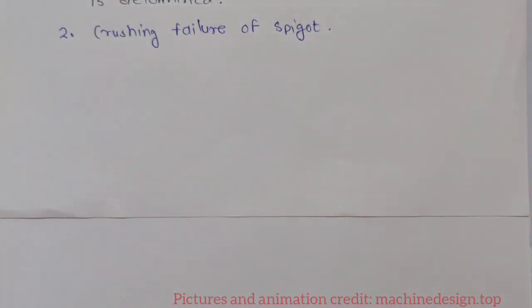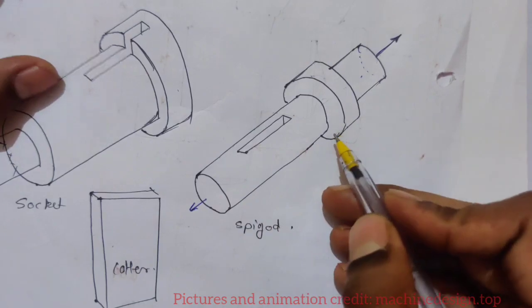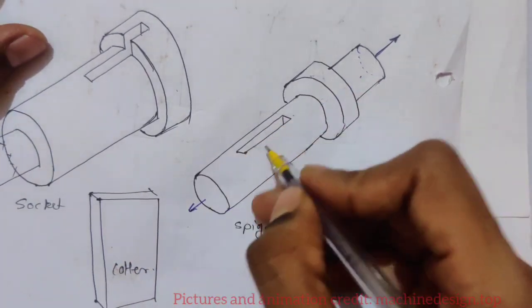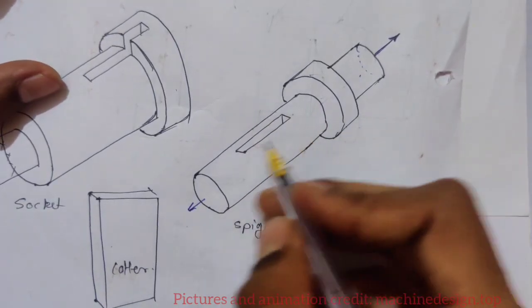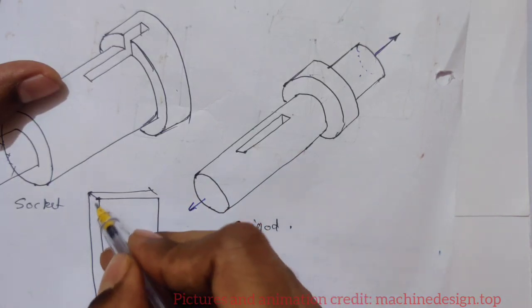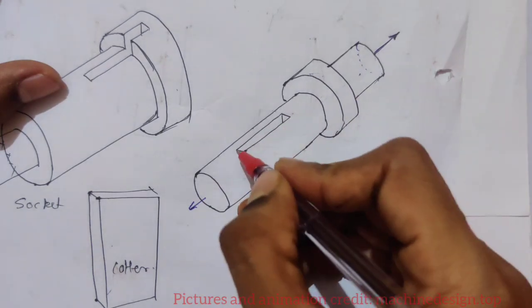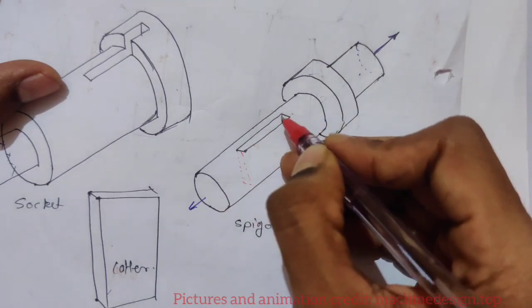Now see in the assembly diagram, this is the spigot and this Cotter is going to rest over here, in this slot. This side of the Cotter will be in touch with this section, similarly this will be in touch with this section.